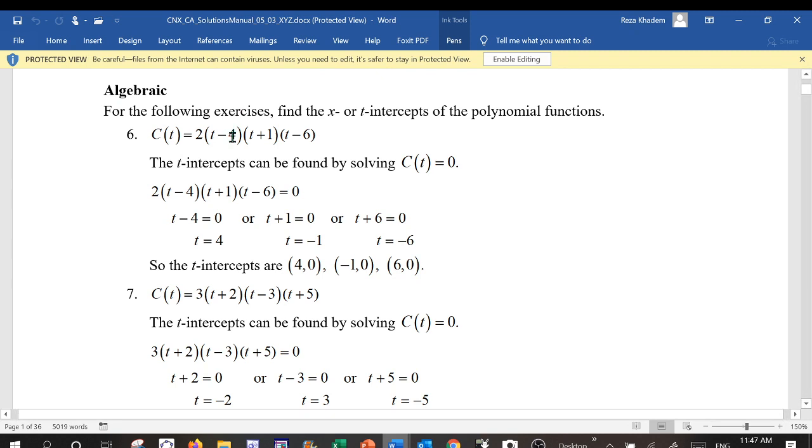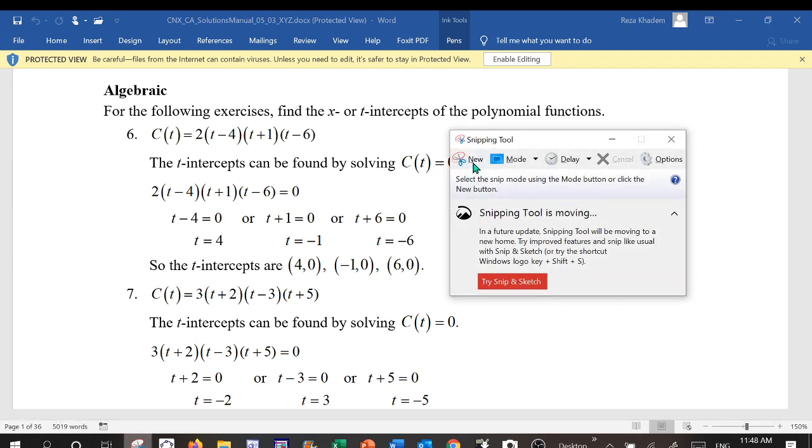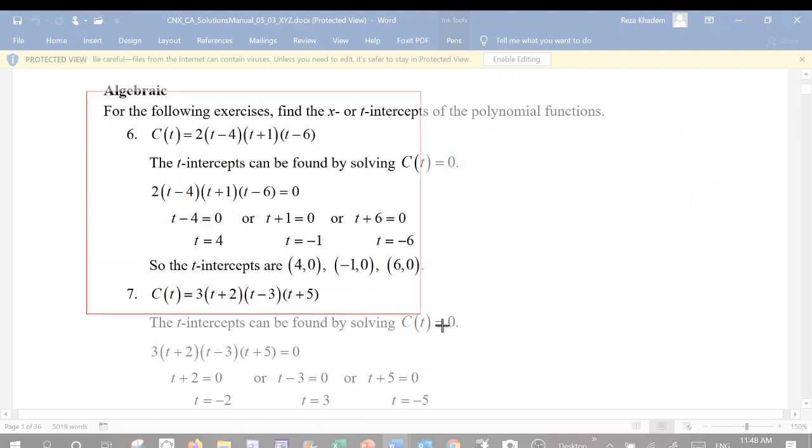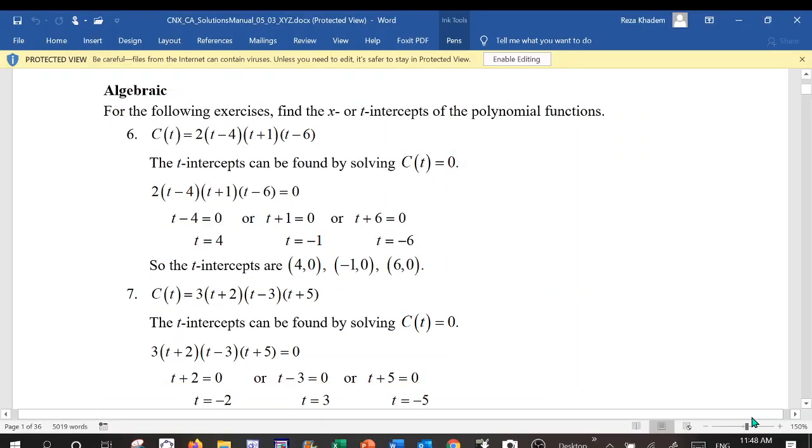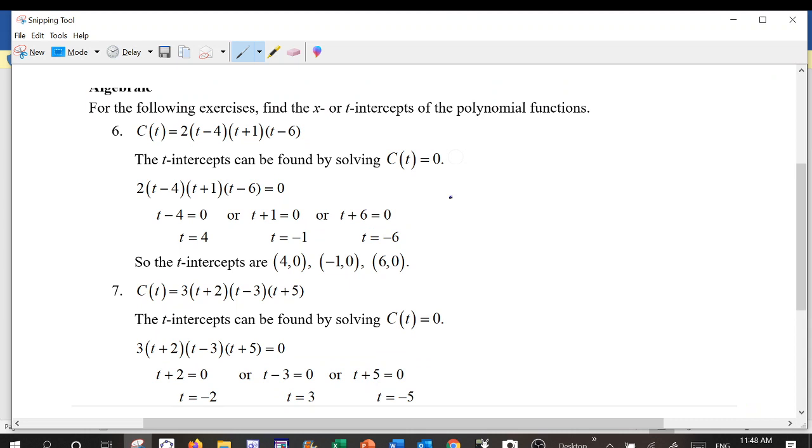To graph this, let's quickly do it together. So what do we need to graph this?